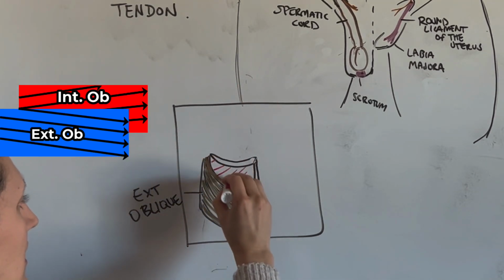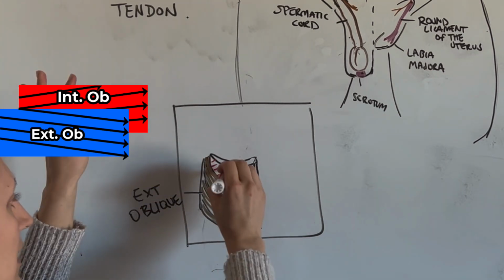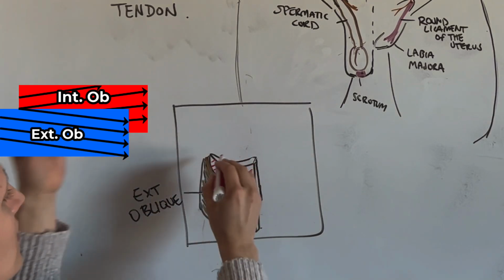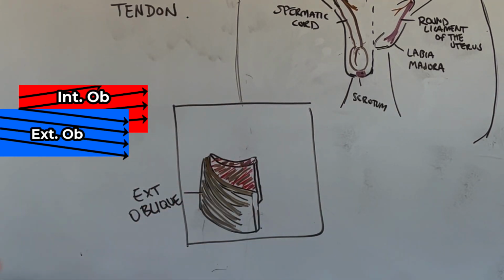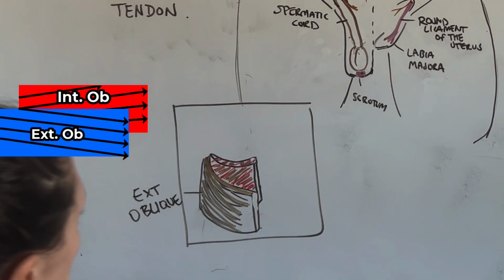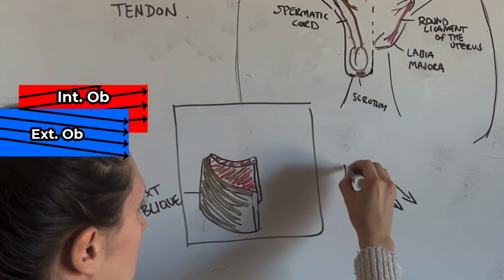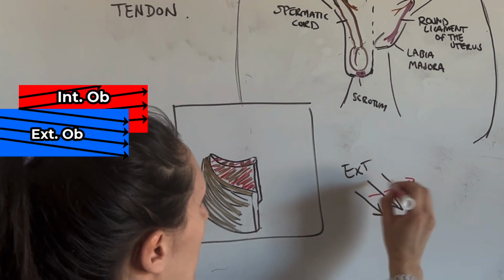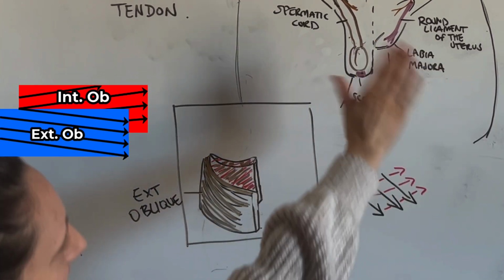Not 100%, because the truth is it kind of fans out, but they're going to go in equal and opposite directions. So our internal oblique's fiber direction, I'm going to put fiber direction right over here. External is down and in. Internal oblique, we're going more up and in, equal and opposite direction, but it does fan out.